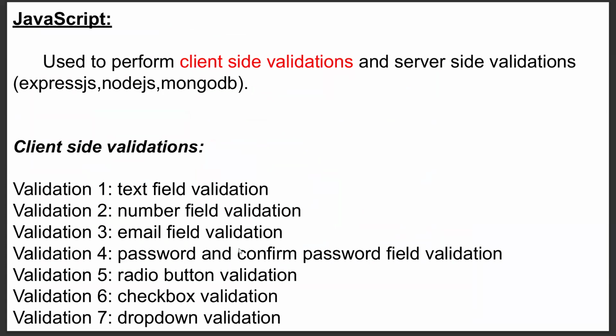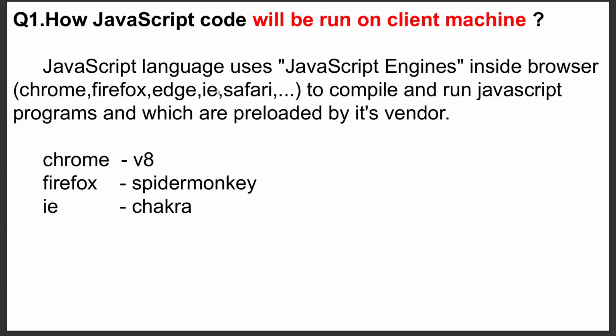The main purpose of JavaScript is to perform client-side validation, which I have marked in red color. That was its initial usage, but I have written server-side validation also. If you want to do server-side validation, you should learn Express, Node and Mongo. Then I also discussed how JavaScript code runs on a client machine.